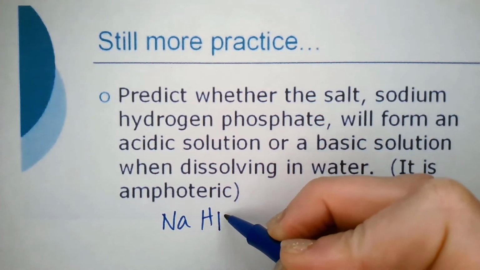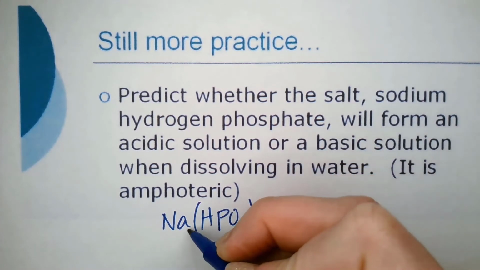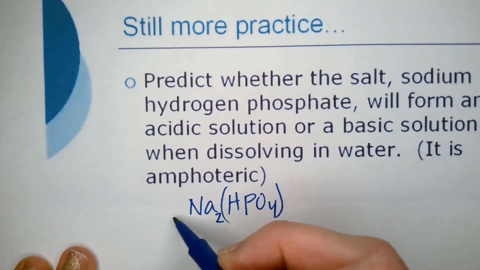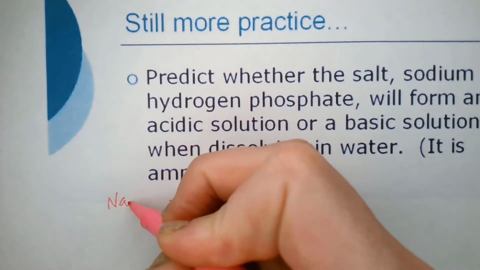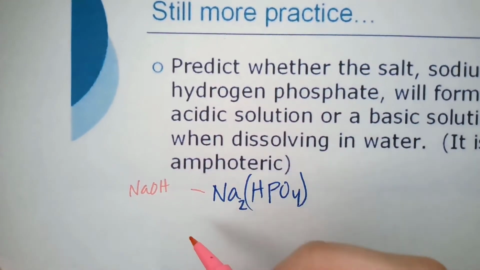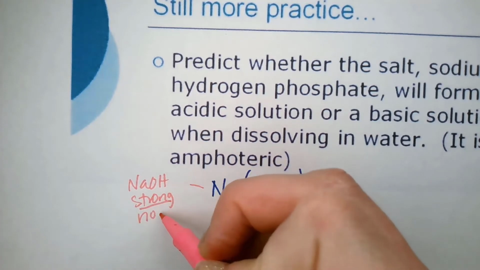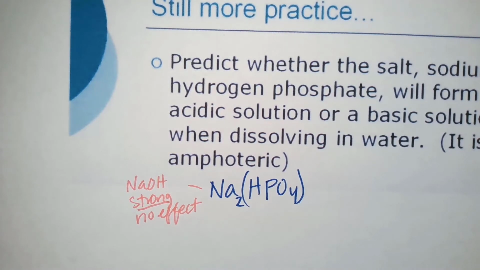So sodium hydrogen phosphate, NaHPO4. And this is 2 minus, actually, so it's just Na2HPO4. Okay, so we know that the parent base of Na is NaOH, and we know that that is strong, and that means no effect on the pH.